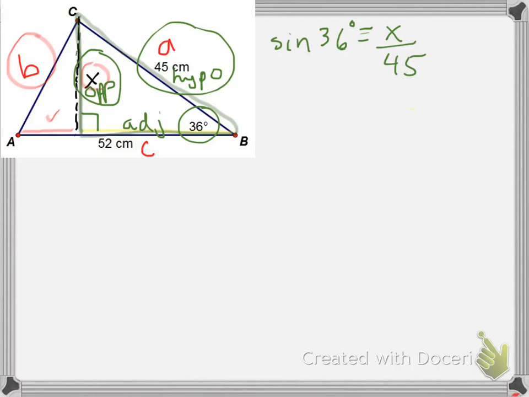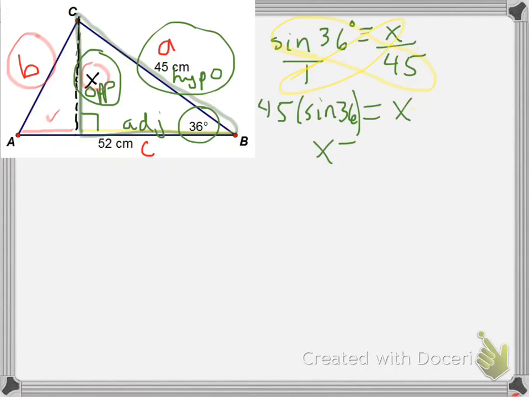So I cross multiply, and I get x equals 45 sine 36.